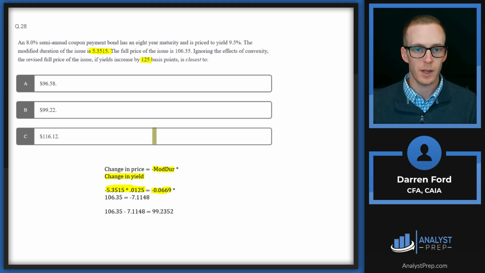So then what we need to do is we're looking for an actual price amount, what the new price is. So we multiply that by the current price, 106.35, gives us a decrease of 7.1148. We subtract that 7.1148 from that current price of 106.35, and that's going to bring us to 99.2352. This is going to be awfully close to answer B. There's probably just some differences in rounding throughout there, and we'll go with B.